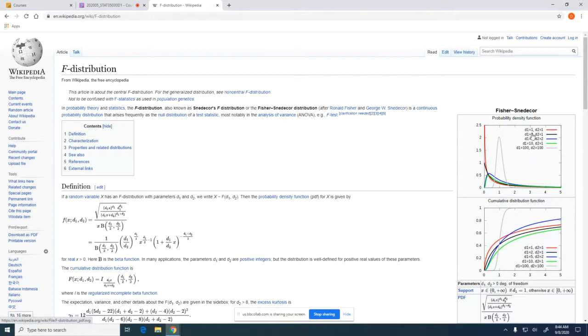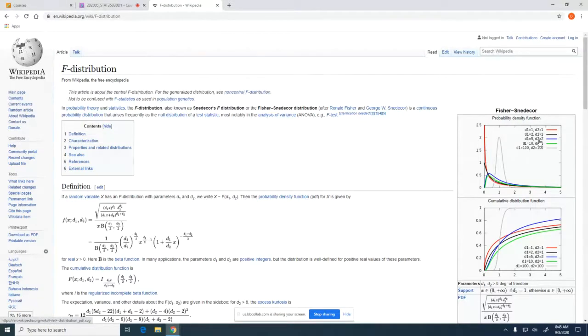Now the parameters. The normal distribution needed two parameters, mean for location and variance or standard deviation for the size, right? And the t distribution needed only one parameter, named the degree of freedom, right?